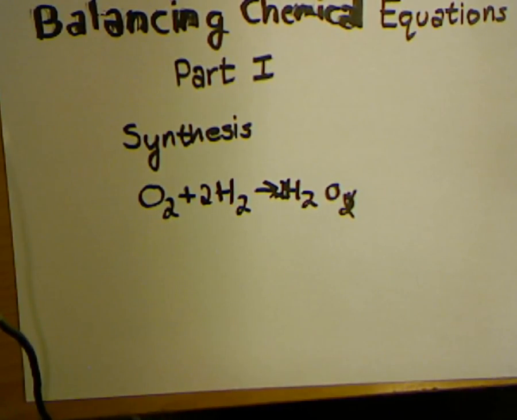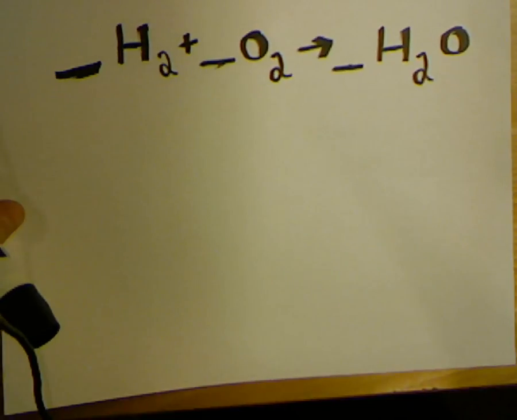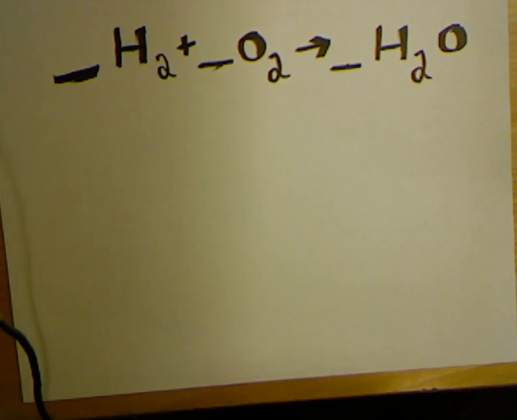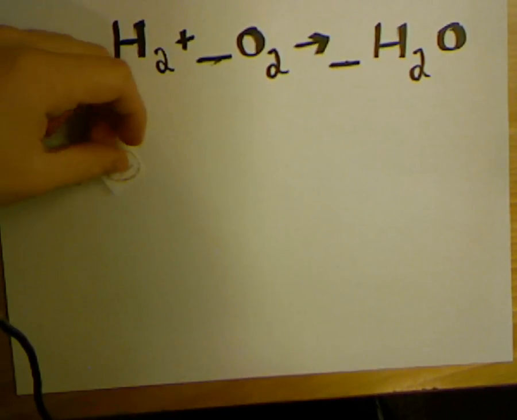So I'm actually going to first go over the equation I just made. So here we have hydrogen and oxygen combining to make water. Okay, so let's see. Here we have 2 hydrogen molecules right there.